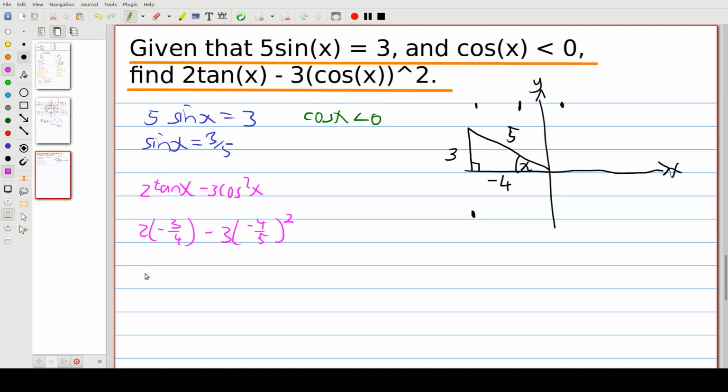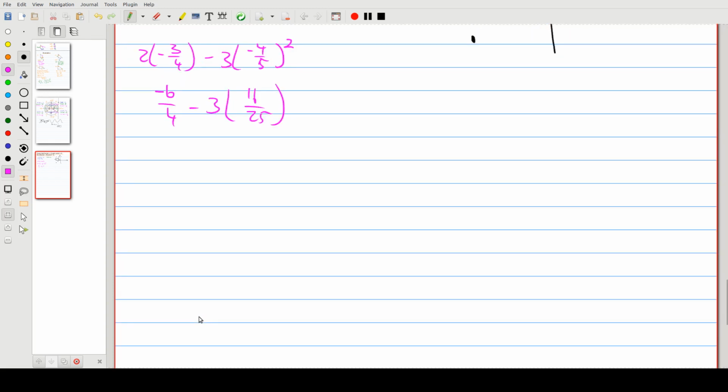Okay, but let's continue with our calculation. This will give us negative 6 over 4, and we can simplify that later, minus 3 times 16 over 25 if we square that. Just for fun, let's compute this by hand. It'll be negative 6 over 4 minus 48 over 25. Now we need a common denominator, so let's say we make it 100.